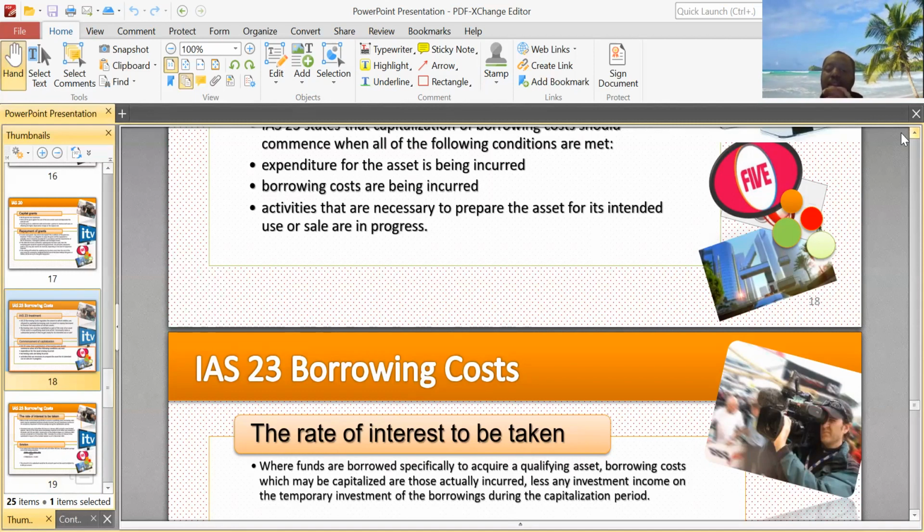Where funds are borrowed specifically to acquire a qualifying asset, borrowing costs which may be capitalized are those actually incurred, less any investment income on the temporary investment of the borrowings during the capitalization period. So let's say you go to a bank and you want $500,000 to purchase a mega plant that would help you produce your products in your factory.